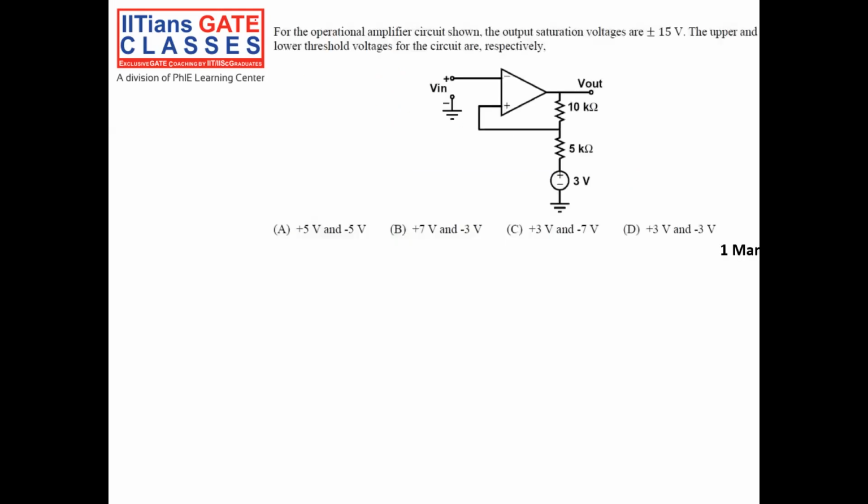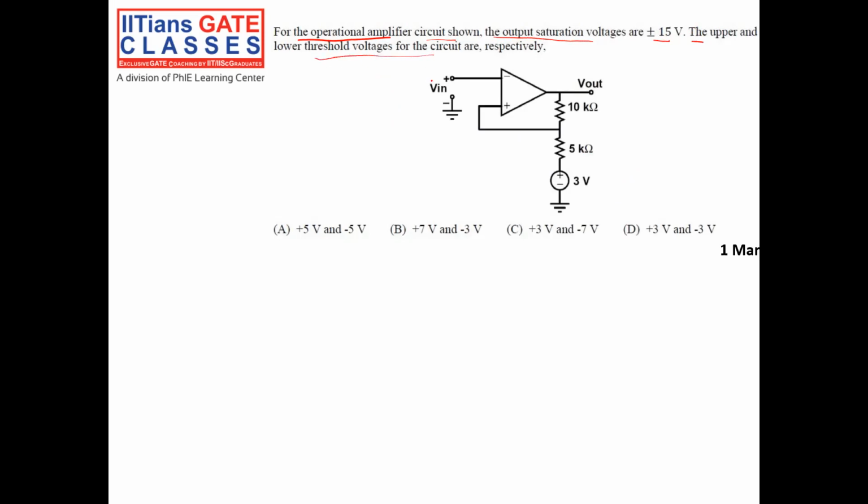The first question is, for the operational amplifier circuit shown, the output saturation voltages are plus 15 to minus 15. We have to find the upper and lower threshold voltage for the circuit.